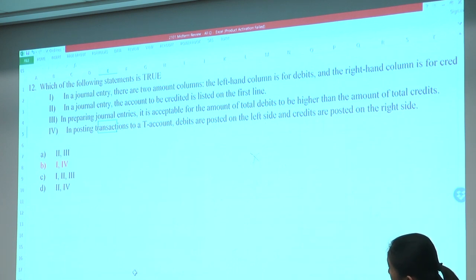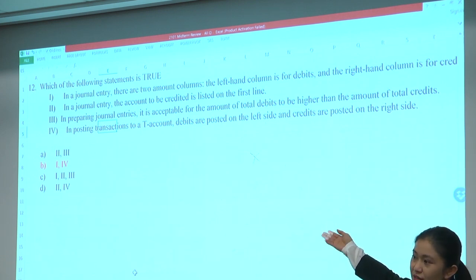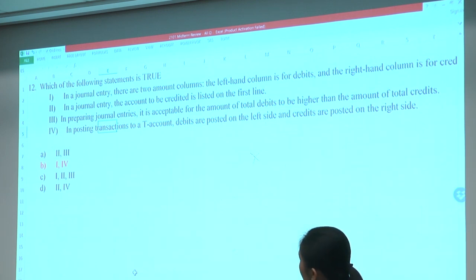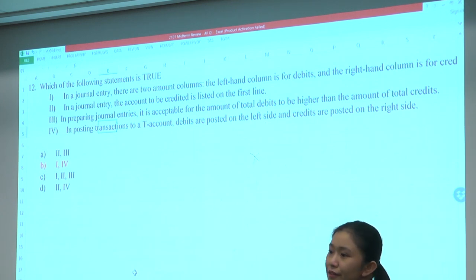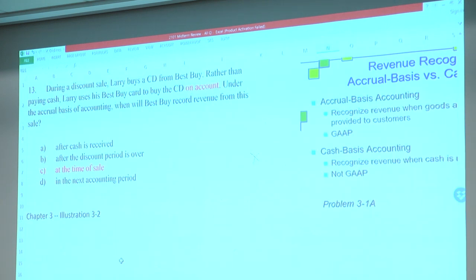Well, that leaves 1, and 4 I haven't read, but judging from the choices, it must be B. Choice 4, in posting transactions to a T account, debits are posted on the left, credits on the right. That's basically 1, said in a different way, right? Left, right. I can see Ming is really reinforcing this debit credit concept, so make sure you understand it. Maybe there will be a question in the real midterm.